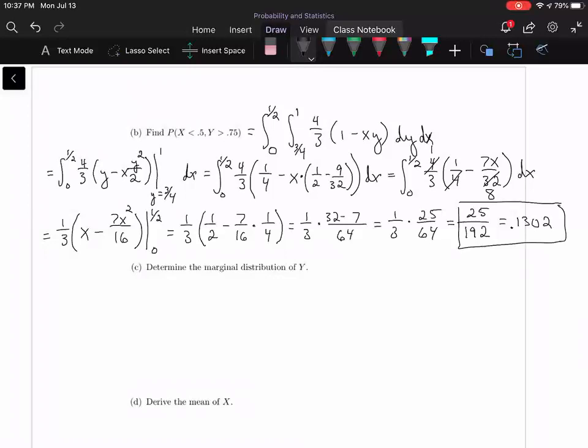So the next part wants the marginal distribution of y, which means we want to get a function of y only. Because this is a continuous joint PDF, we need to integrate out x, the other variable. So that means that f of y is going to be given by integrating out 4/3 times 1 minus xy dx, and x goes from 0 to 1.